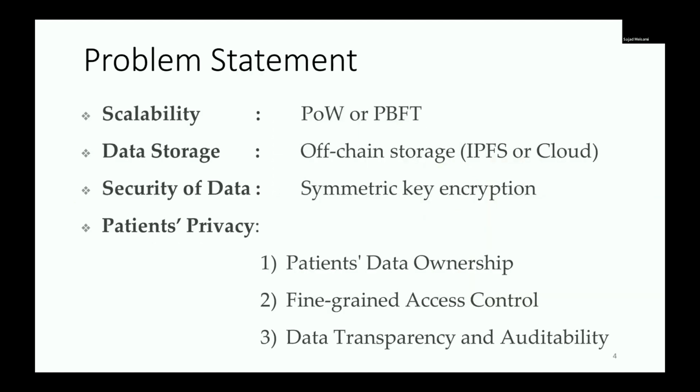But there are some problems to do this work. So let me introduce these matters that we need to consider in this work. The scalability is the first one. The IoT devices are resource constrained, so it's hard for them to solve the computational operations for the consensus algorithm, for adding a new block on the blockchain layer, especially in a proof of work, which is the most common one in consensus algorithms.